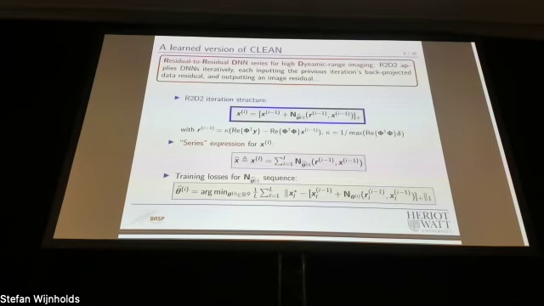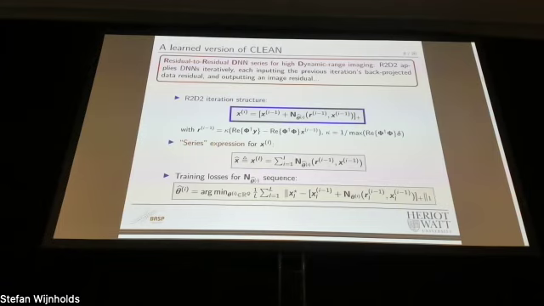And in R2D2, we normalize this by kappa, which is 1 over the maximum of the PSF, so that we have some normalization in the data for the DNN to work better with a large variety in the images. And we also have a series expression for the final output of R2D2, which is just the sum of all the outputs of the DNNs.